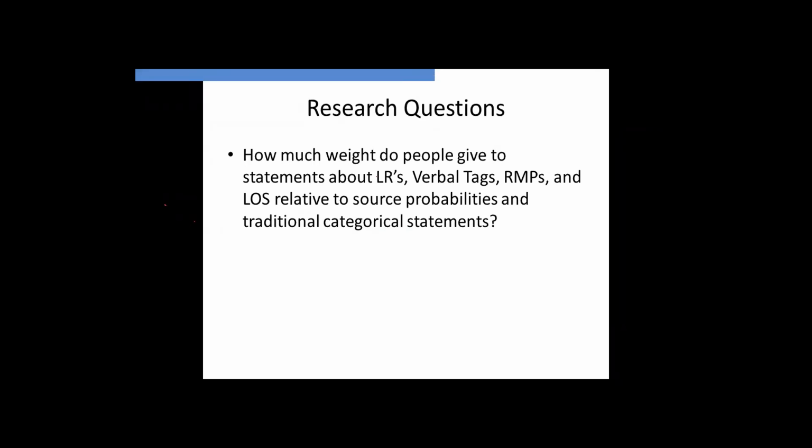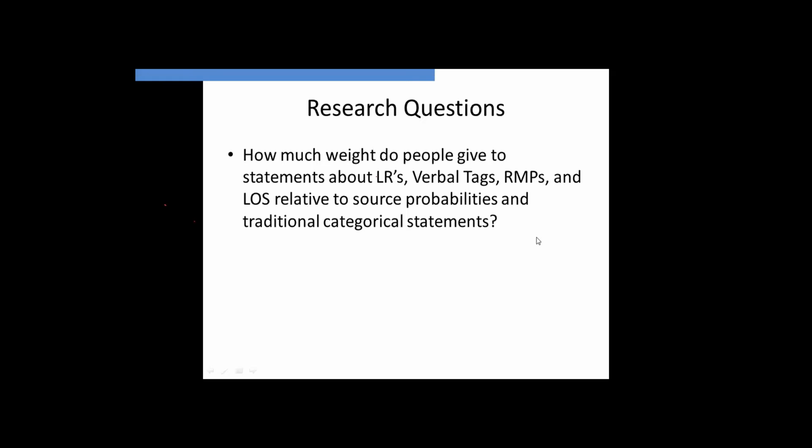How much weight do lay people give to likelihood ratios, or verbal tags, or random match probabilities, or level of support statements relative to source probabilities or traditional categorical statements?